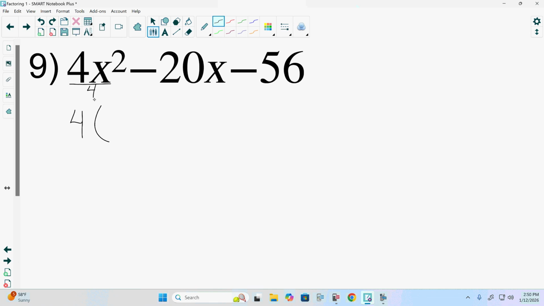If we divide the 4 out of 4x squared, we're left with x squared. 20x divided by 4 is 5x. Negative 56 divided by 4, 14.